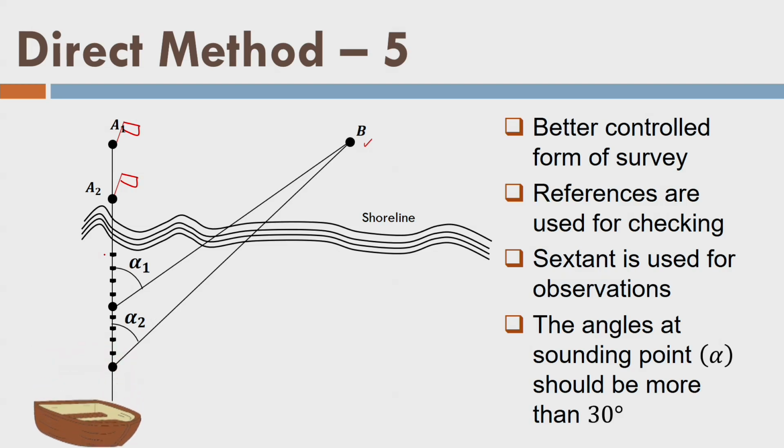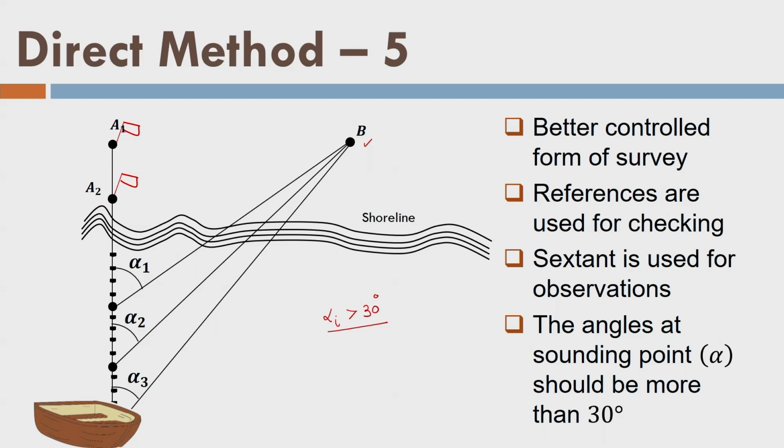Similarly, this is the last point to demonstrate, my alpha 3 angle here. We should again be careful that my alpha angle should always be more than 30 degrees for the well-conditioned triangles formed between point A1, B and the boat.